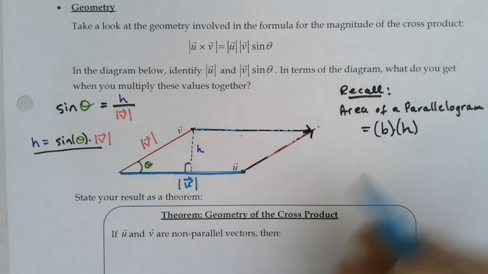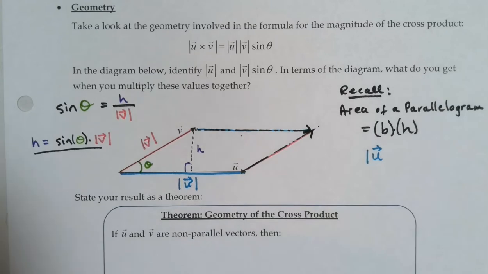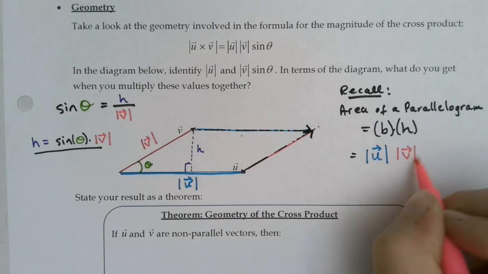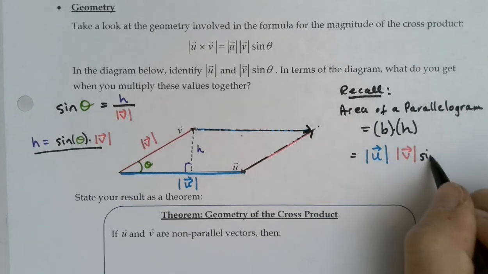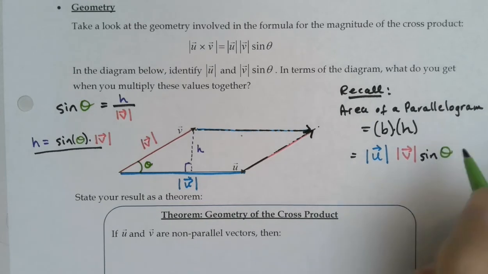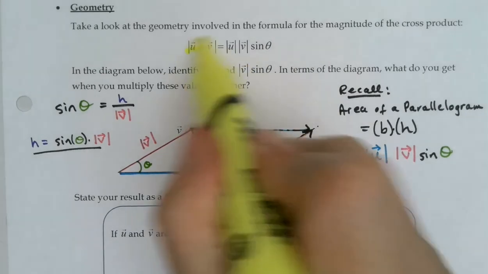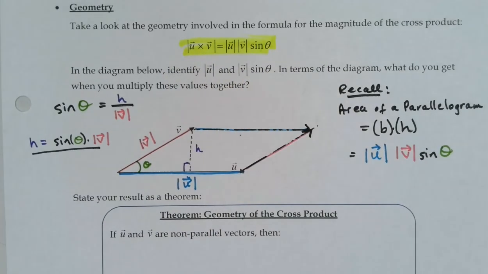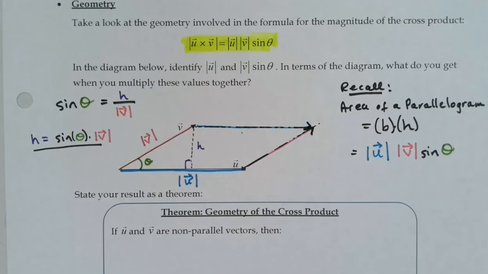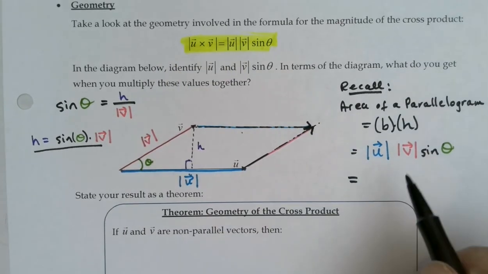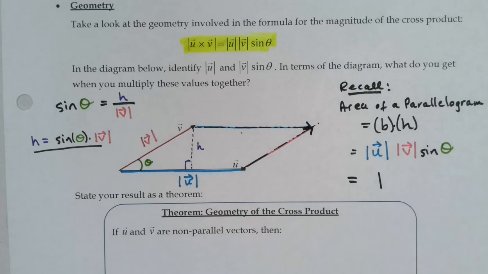But the length of the base is the magnitude of u. And the height we just discovered is the magnitude of v times the sine of theta. And if you're thinking that looks familiar, yes it does, because that is the definition of the cross product. Well, the magnitude of the cross product, I should say. So this is equal to, by definition, the magnitude of u cross product with v.